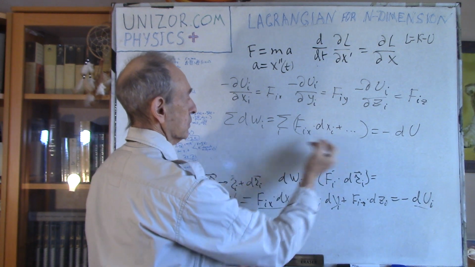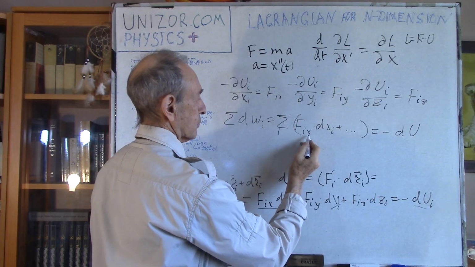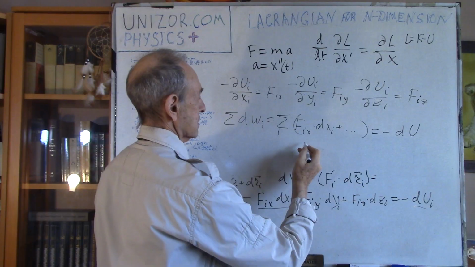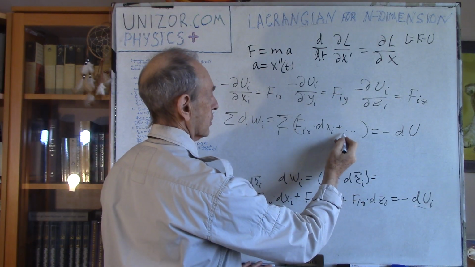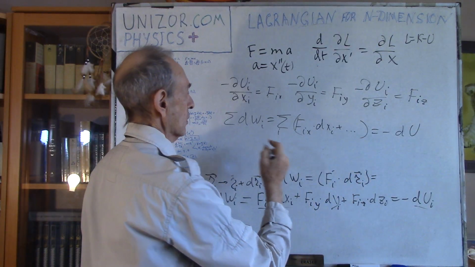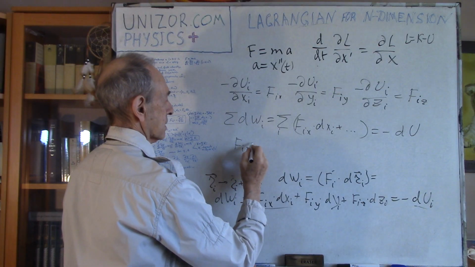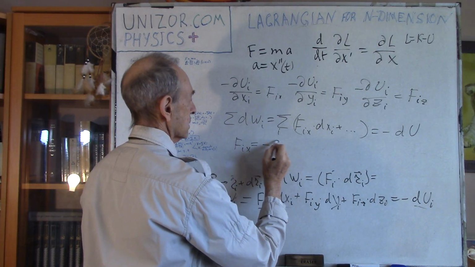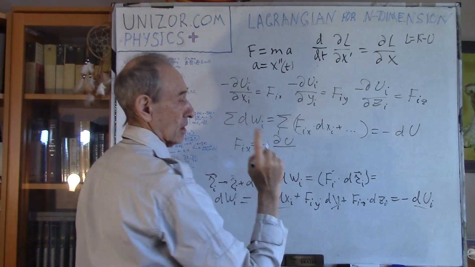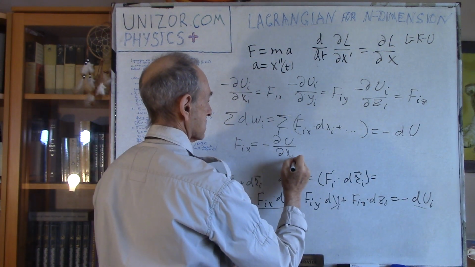But now if you look at this, you will see that f1x, for example, occurs only with dx1. f17y occurs only with y17. So what I can say is that the same fix is equal to minus du of the entire energy, not just ui, the potential energy of the ith object, but the entire system, by dxi.